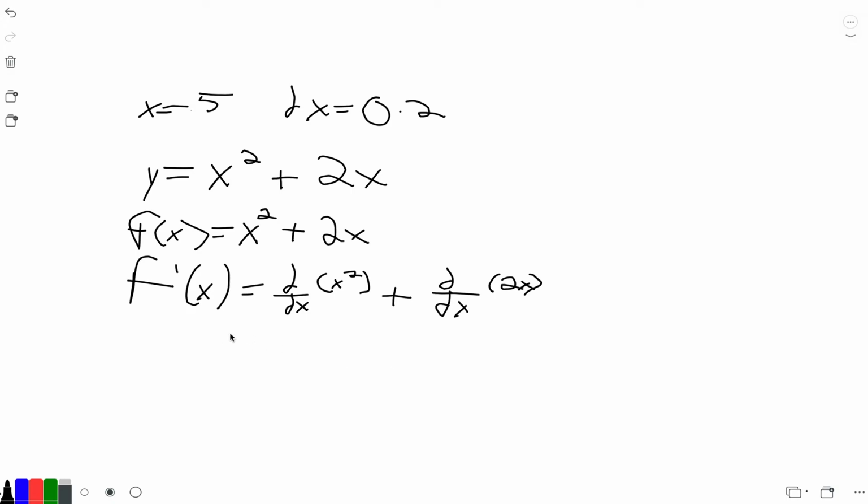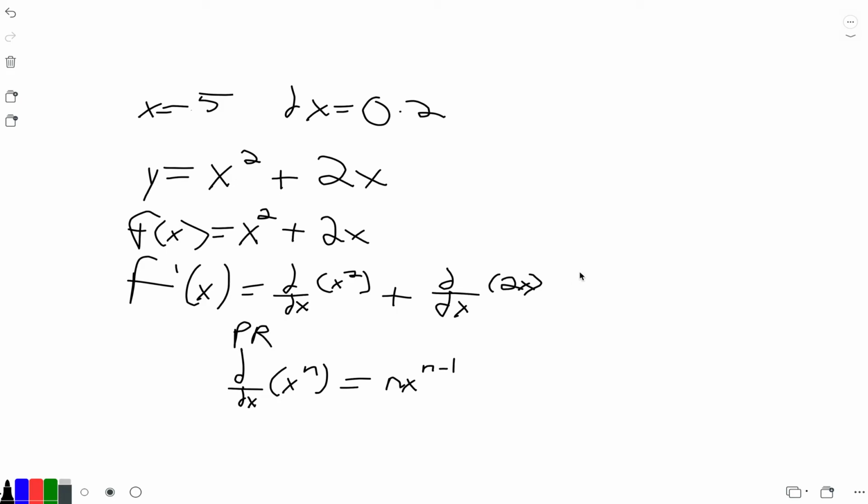We start by using the power rule for the first half of the equation, which states that d over dx of x to the power of n is equal to n times x to the power of n minus 1.